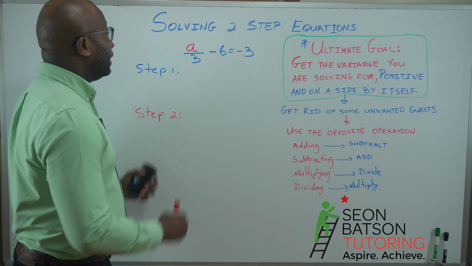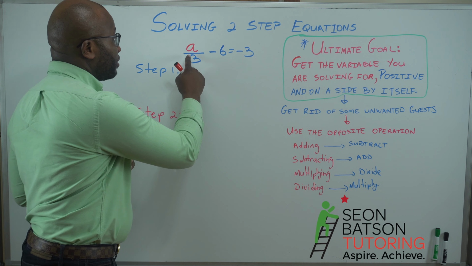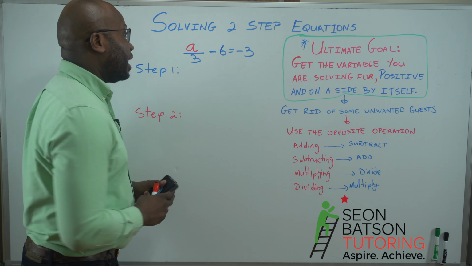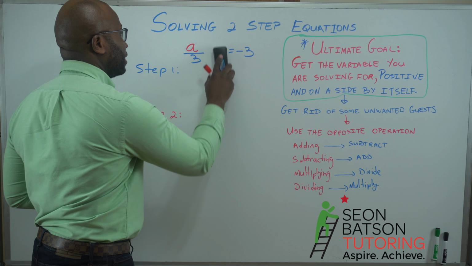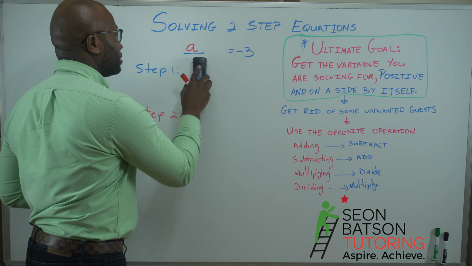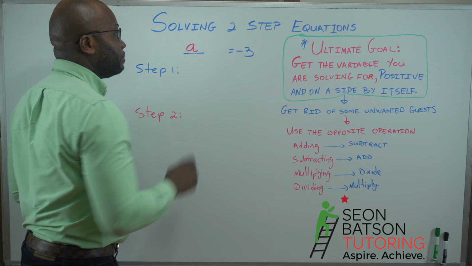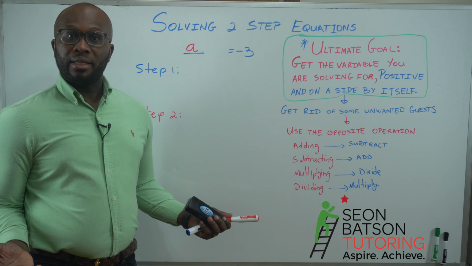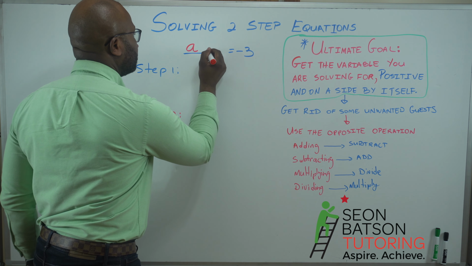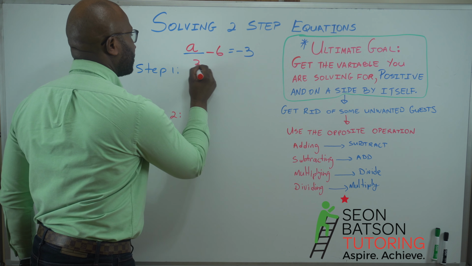Now, to get the variable, which is a, by itself, we will have to get rid of this -6 and this 3. See, if we get rid of the 2 of them, the a is by itself. What I had, -6 and 3.